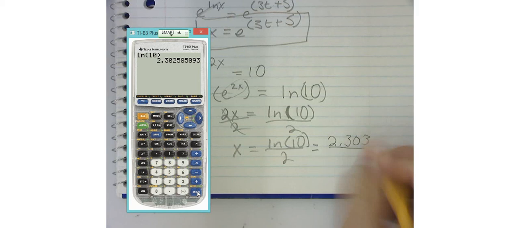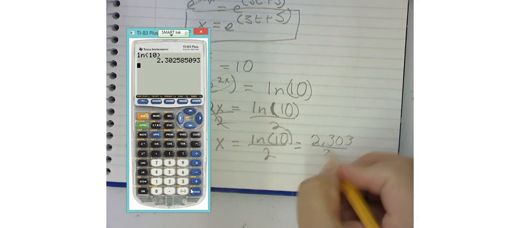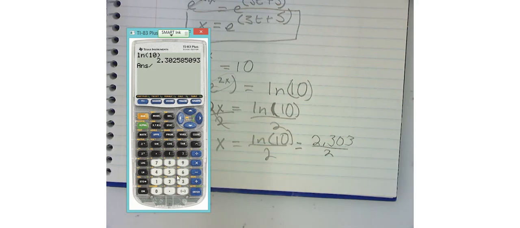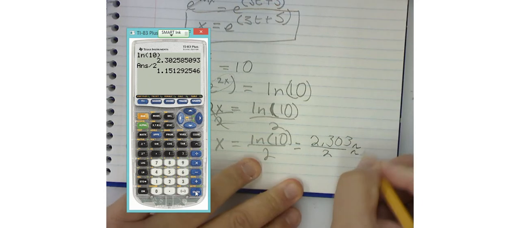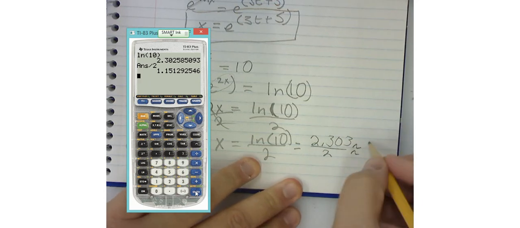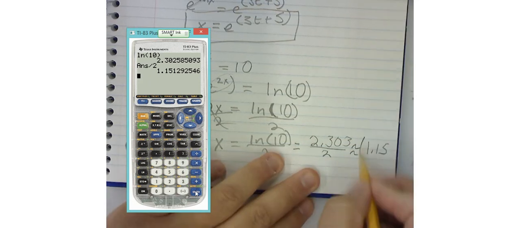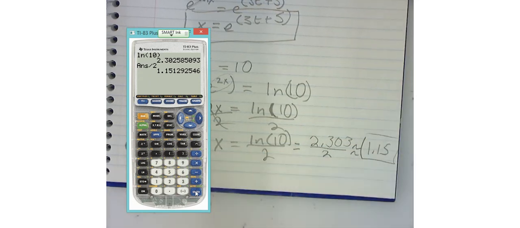My next step, I'm going to divide by 2. And it's approximately 1.15. And so that's your answer on that one. That one actually reduced down to a number. Okay? Any questions?